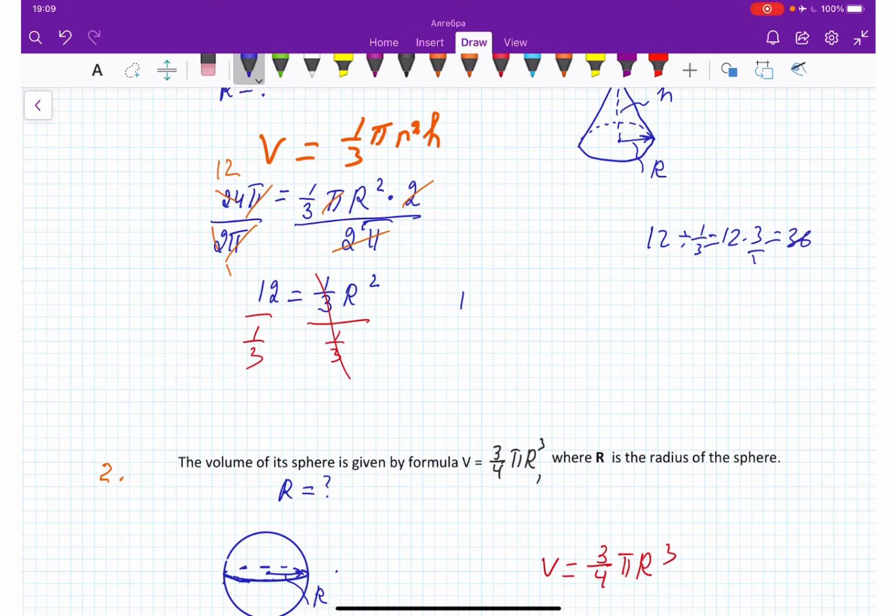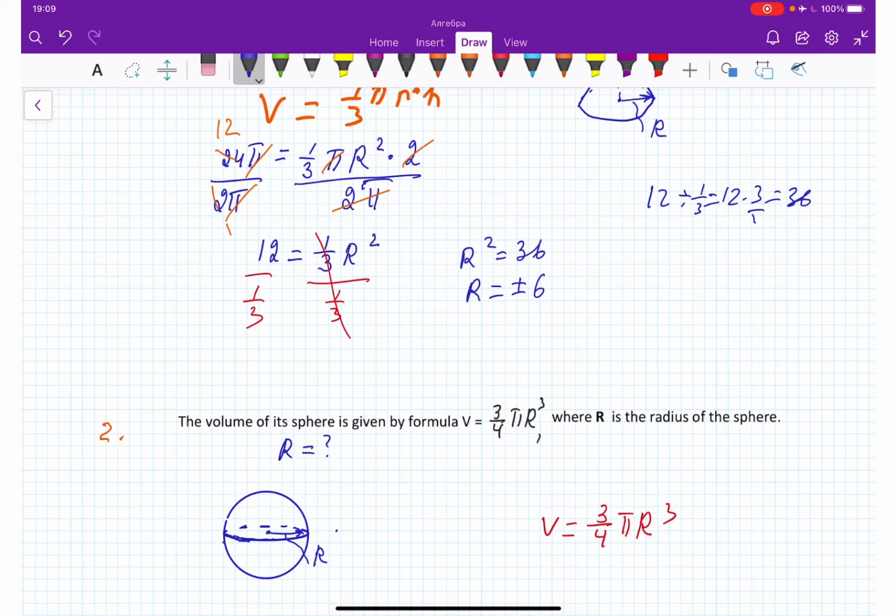So we get r squared is equal to 36. Now r from here is equal to plus minus 6. But because we don't measure radius in negative value, our r is going to equal only positive 6. And this is the answer.